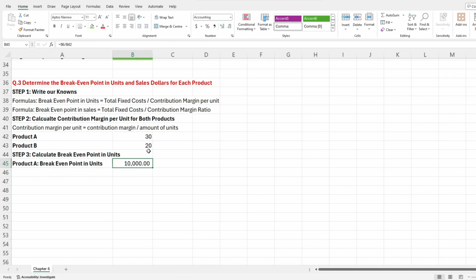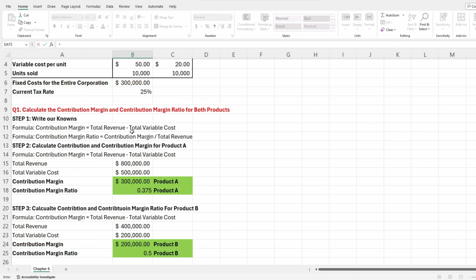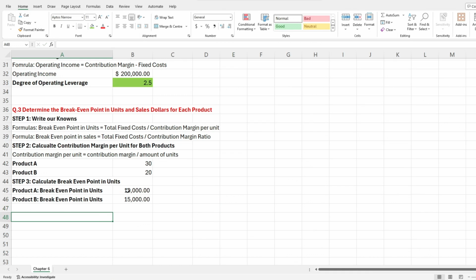So this should be not in dollars. And then product B in units, it's the exact same thing. So we have the same total fixed cost, 300,000 divided by our contribution margin per unit for product B, and this is what we calculated again in step 2. All right, so these are the two break-even points for product A and product B. I'll highlight these in green.